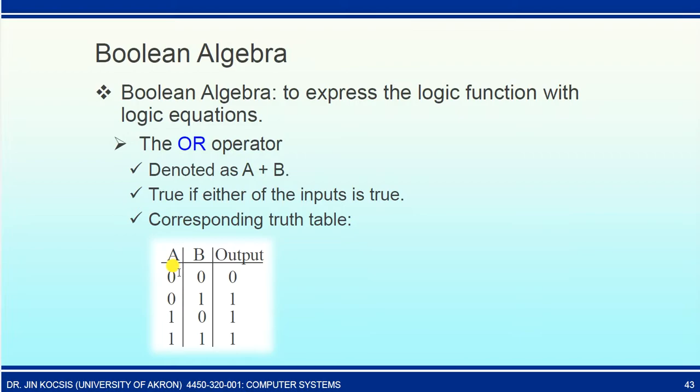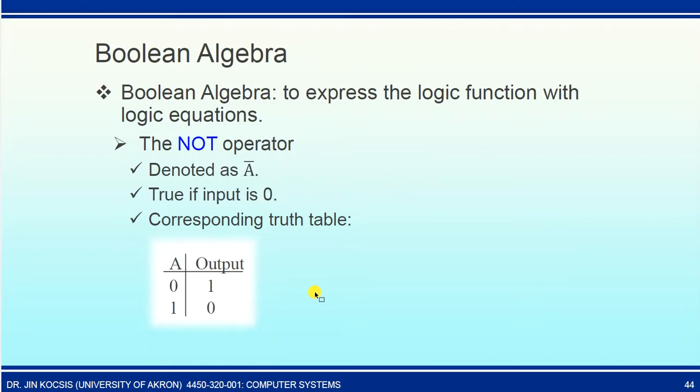Only when both A and B are 0, the output will be 0. Similarly, I use the notation A bar to represent the NOT operation. The corresponding truth table is the following. If the input is 0, the output will be 1. If the input is 1, the output is 0.